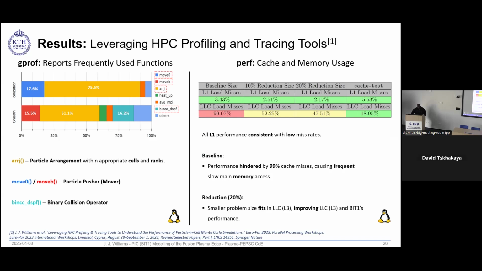The cache hit script gives us excellent insight into performance and cache usage. You have the different levels, 1, 2, and 3. But what do we notice right away on the left of that plot? BIT1 has a very good, nice low level, the L1 cache, but it's terrible on level 3.